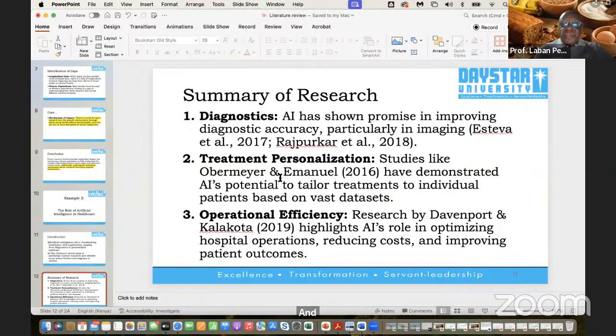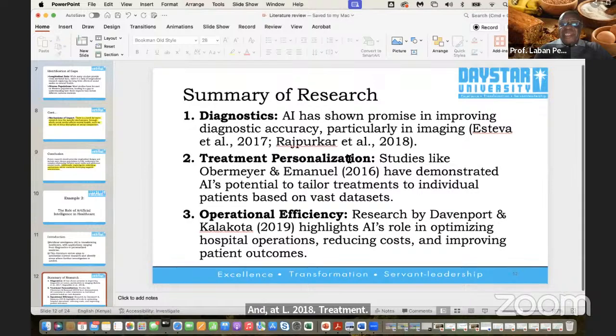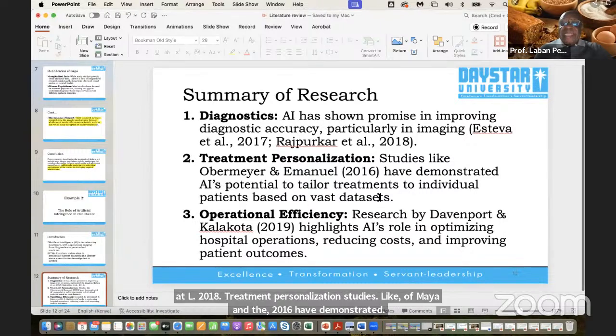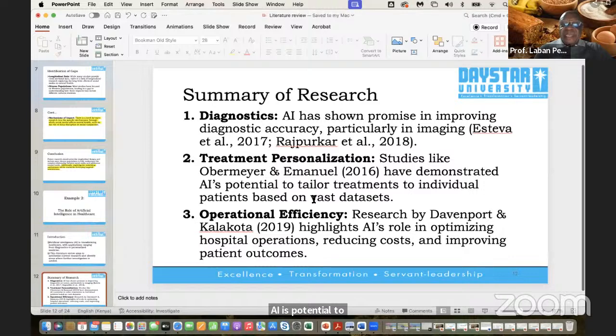Treatment personalization. Studies like Obermeyer and Emanuel 2016 have demonstrated AI's potential to tailor treatments to individual patients based on vast databases.